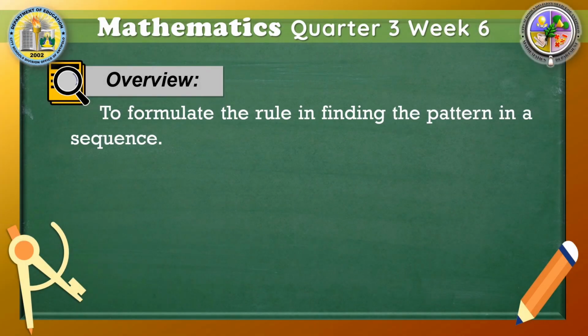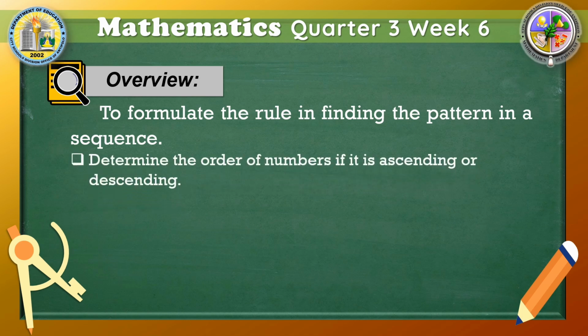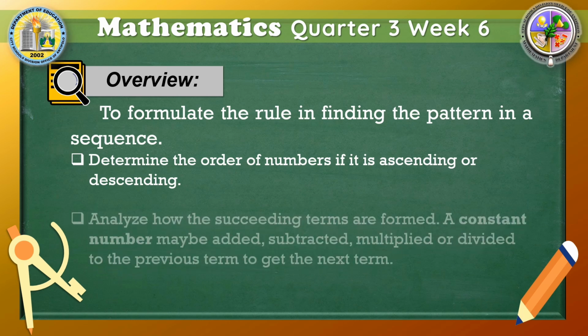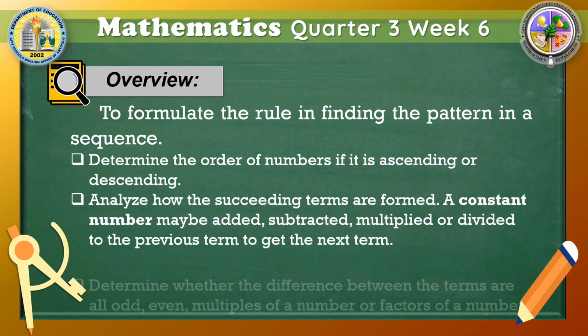Overview. To formulate the rule in finding the pattern in a sequence, first, determine the order of the numbers if it's ascending or descending. Second, analyze how the succeeding terms are formed. A constant number may be added, subtracted, multiplied, or divided to the previous term to get the next term.